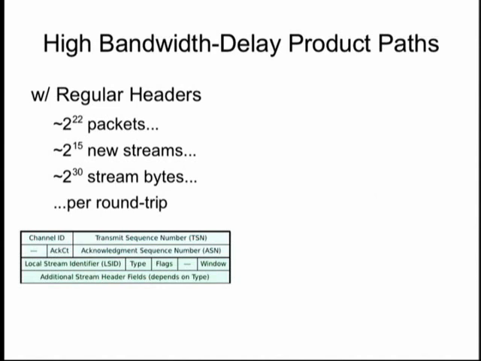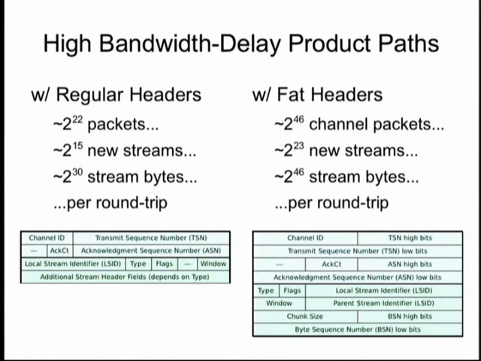All of those headers have fields that are a certain size, sized for network efficiency under normal conditions, but this constrains how many new streams you can create in one round trip over a given path, how quickly you can create and destroy streams, and how many bytes you can send on a given stream per round trip. I think this is probably okay for most normal networks, but you're no doubt going to find networks that this is not okay for, and SST won't be able to maintain the pipeline.